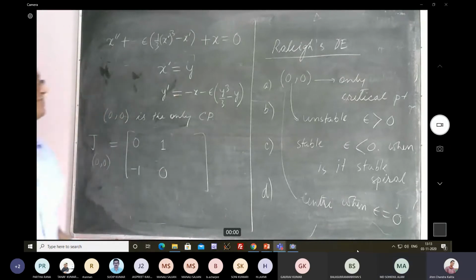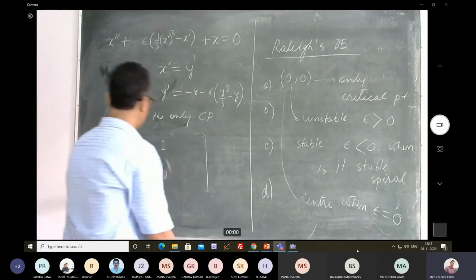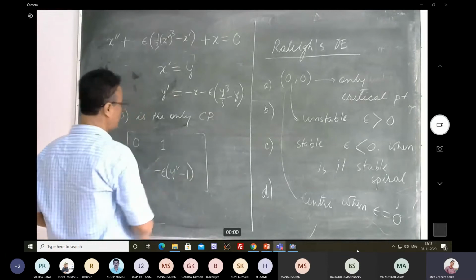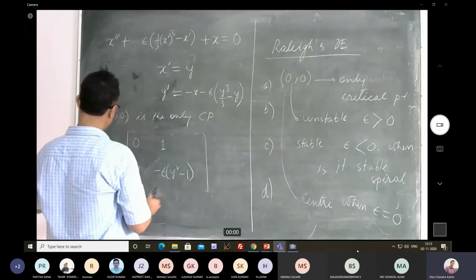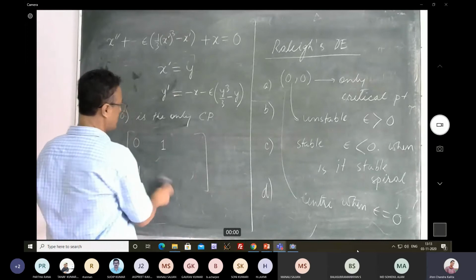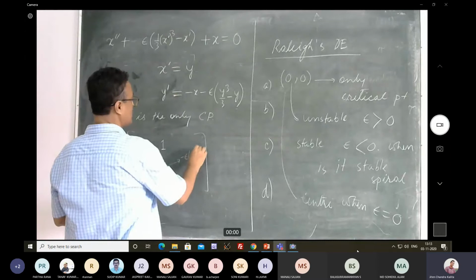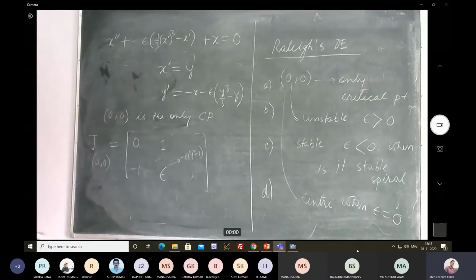Am I okay? Yes? There will be epsilon in the position with y squared minus 1. Yes, y squared minus 1. So eventually at 0, 0, it is simply going to be epsilon, coming from minus epsilon times (y squared minus 1). Is it okay? Fine?